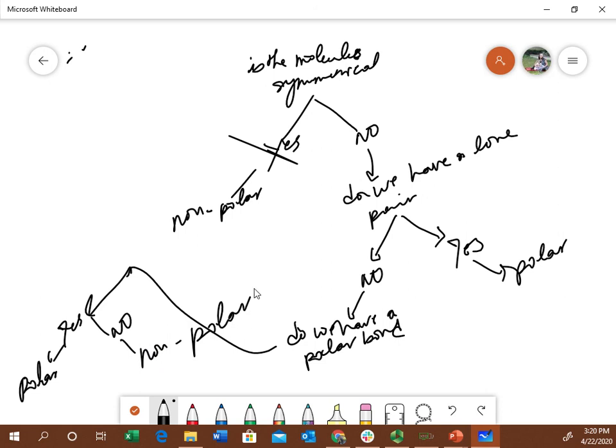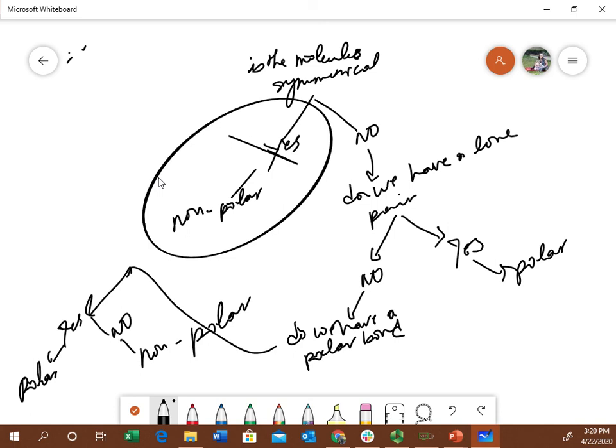Okay, so let me recap this, go over it again one more time. We ask first if your molecule is symmetrical. If it is, then you're done. It is non-polar. But if the molecule is not symmetrical, is asymmetrical, then what determines its polarity is the following.